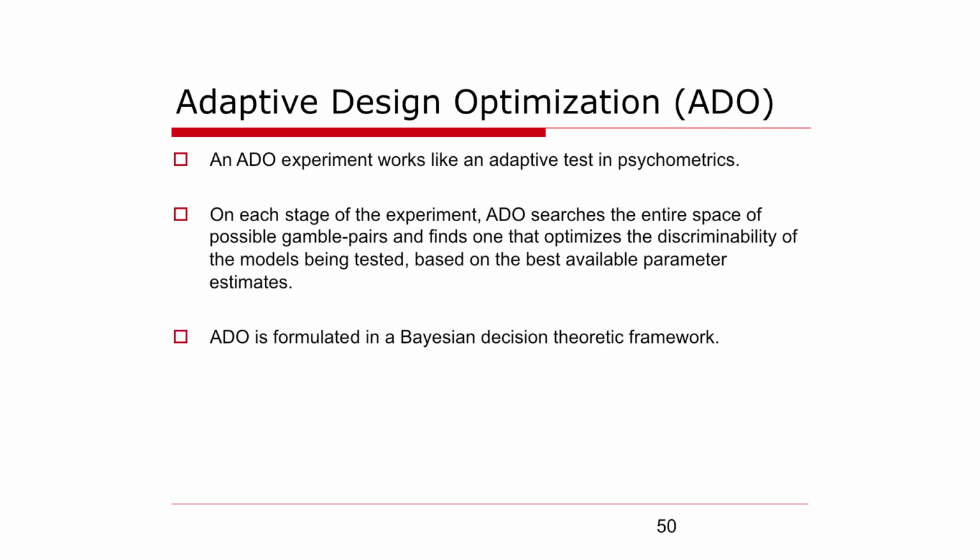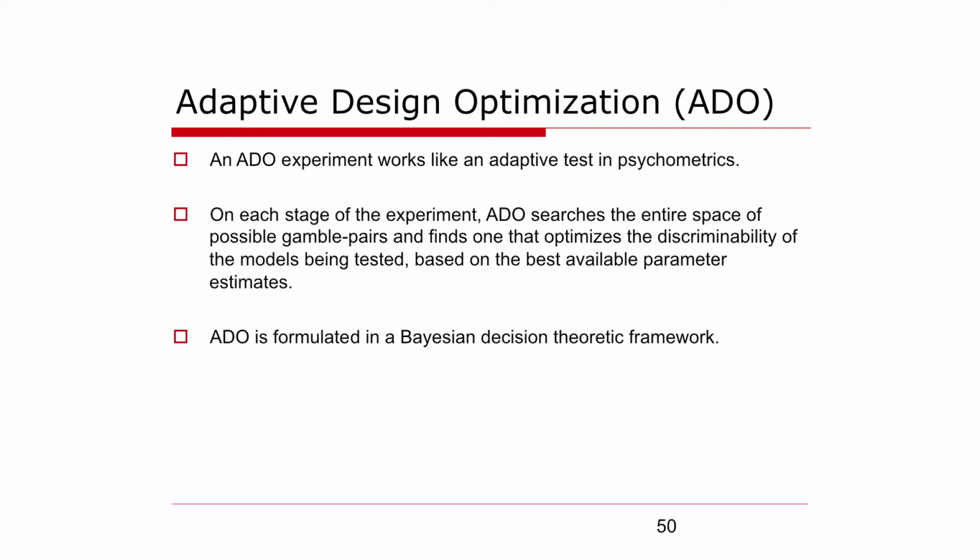Let's talk about adaptive design optimization briefly. ADO works like computerized adaptive testing in psychometrics, called CAT. CAT has been used, for example, in GRE experiments. There's not a predetermined set of test items. Depending upon how you answer your first item, the computer will pick the next one for the purpose of estimating parameters, such as your ability parameters.